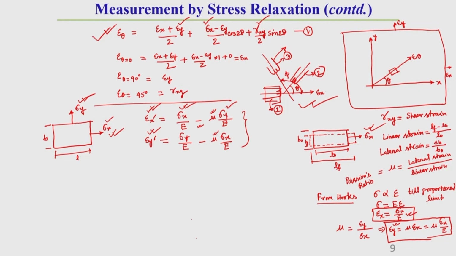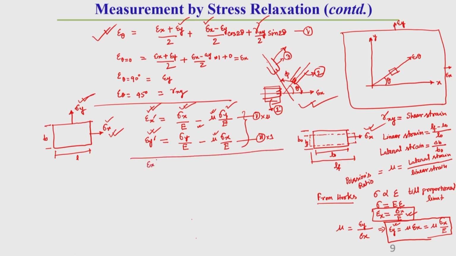We can easily find this out by just solving these two equations. Let this be equation number 1 and this be equation number 2, correct. Now, I am multiplying the first equation by mu and the second by 1. Now, what will we get?